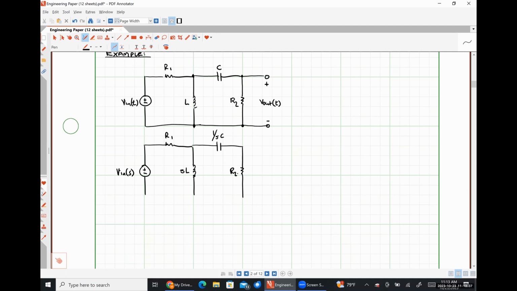Here is our resistance R2. Here is our output voltage, Vout of S.